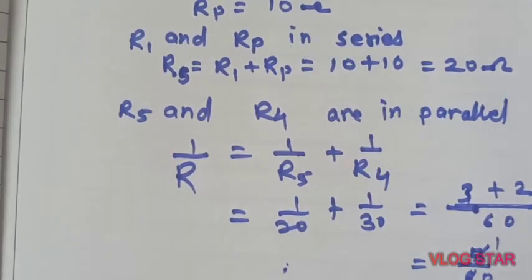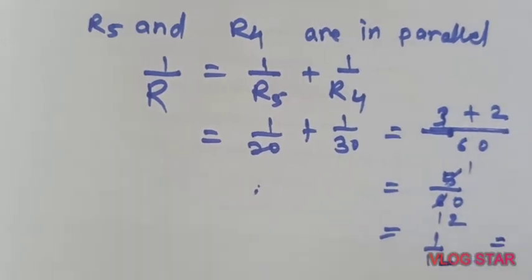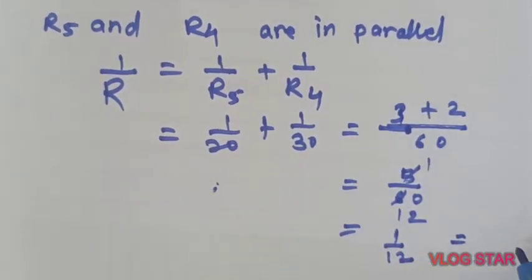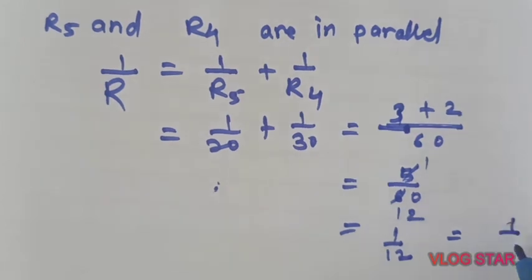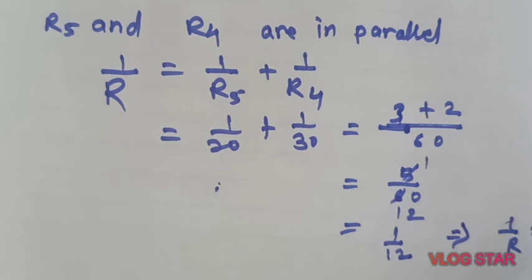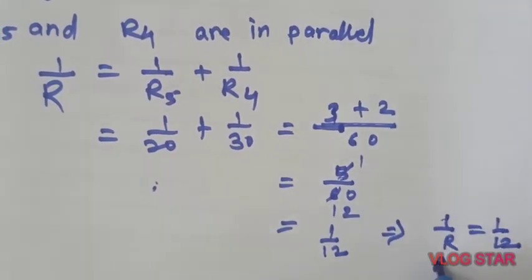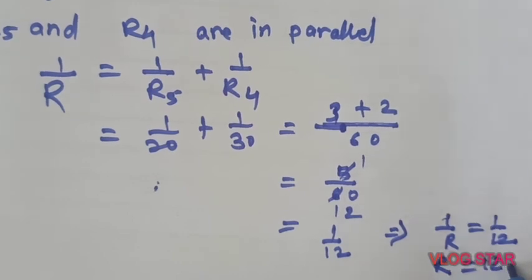In the final calculation, 1 by R is 1 by 12, and R is 12 ohm.